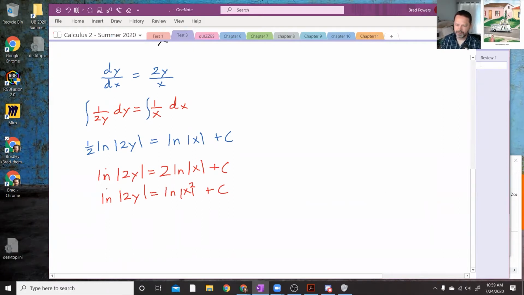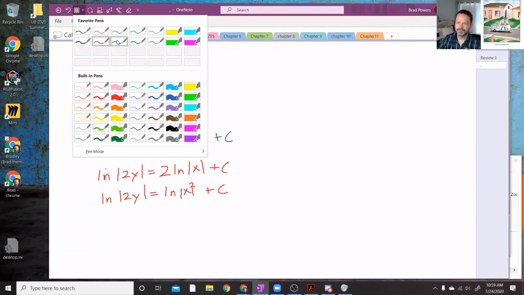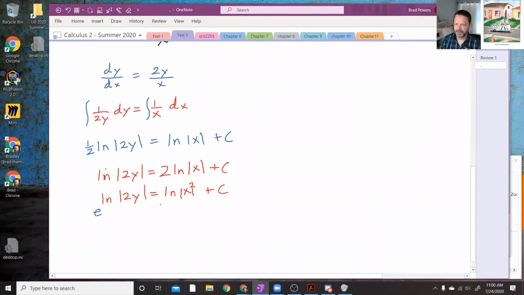And now we can exponentiate both sides. So, raise this to the e, raise this to the e, and I get 2y is equal to the absolute value of x squared, which I think we can just write as x squared, times e to the c.